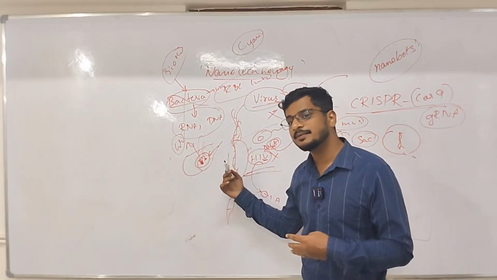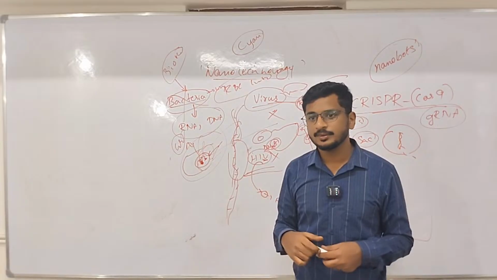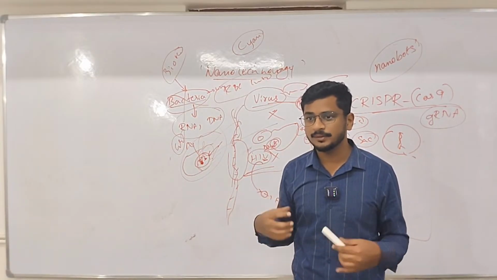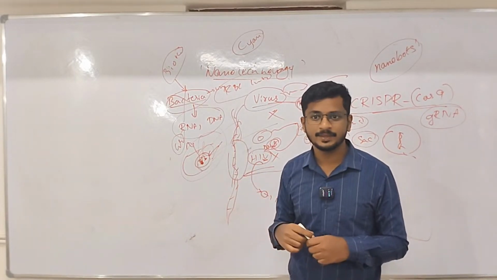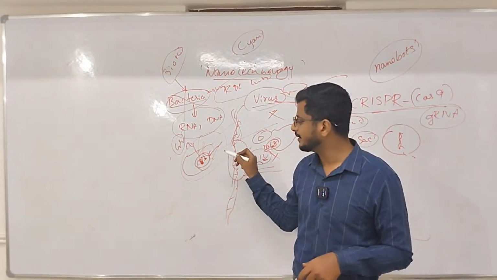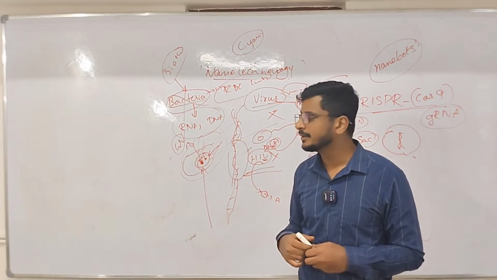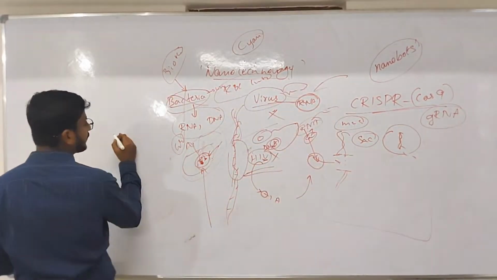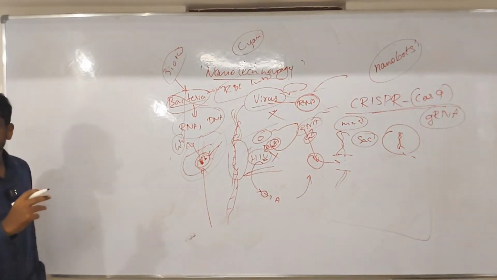But what was the adverse effect? We used to kill other organs also. You know, chemotherapy patients, how weak they become to fight against this. Now, using these nanobots, we can do this repair. What exactly happens there?